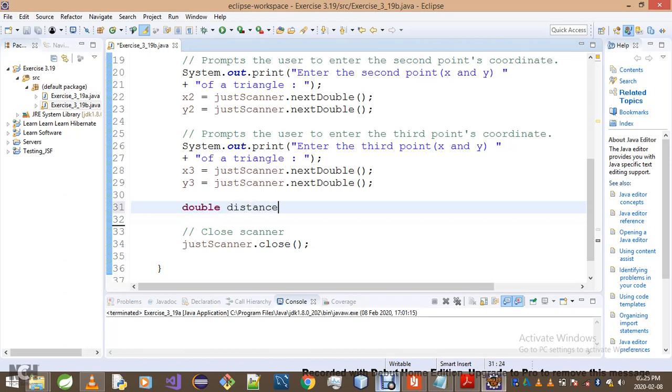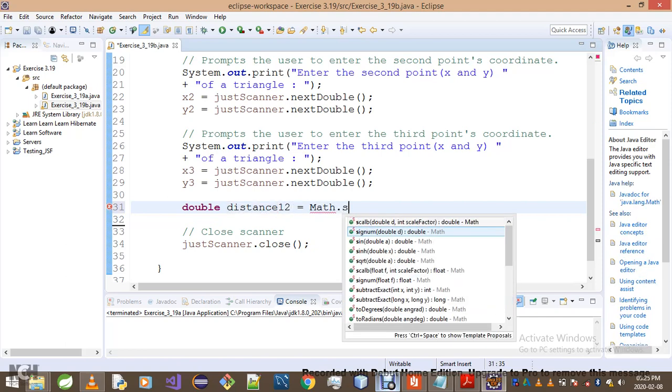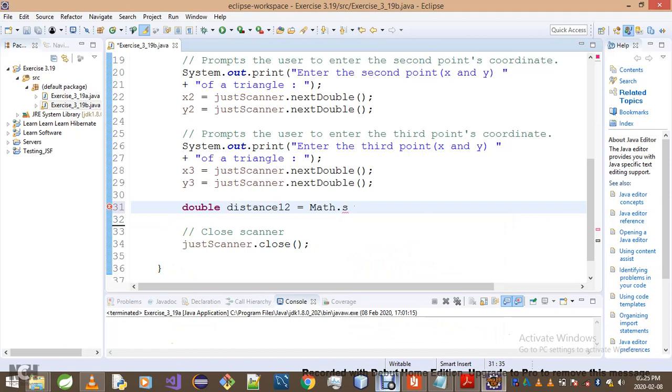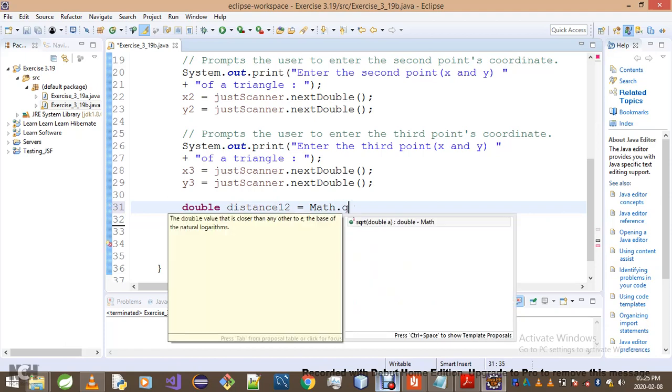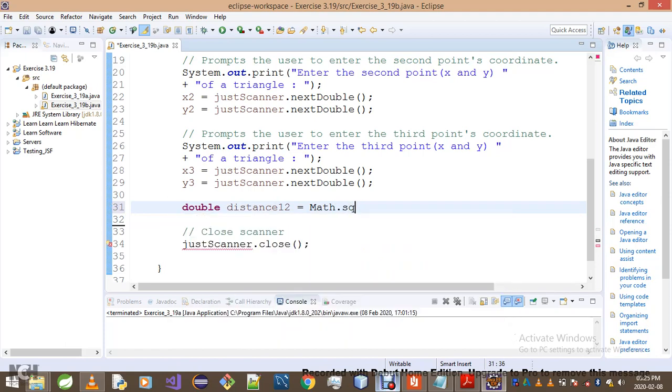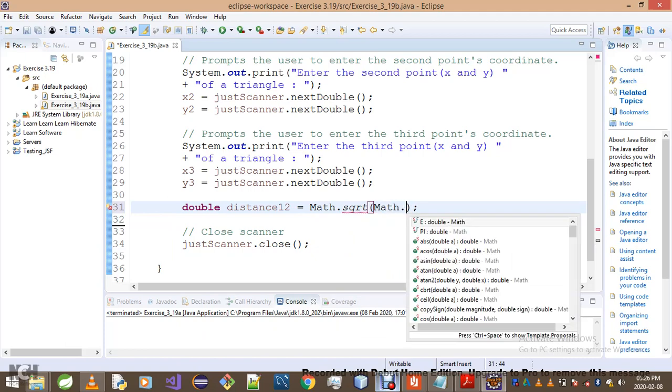We'll simply go distance between 1 and 2. Of course, the distance formula tells us it's nothing else but the square root of x2 minus x1 all squared plus y2 minus y1 all squared. So how are we going to go about doing that?